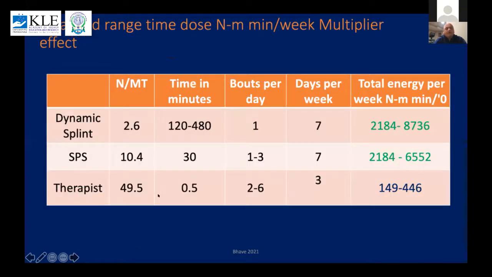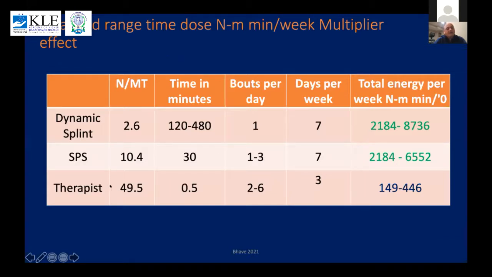And why do I believe in splinting so much? If you look at the amount of force applied with a static progressive splint, it's only 10 Newton meters of force, while a therapist puts about 50 Newton meters of force. But if you look at it from a multiplier effect standpoint, in the right-hand column, the total energy given to the joint is far greater with a static progressive splint because you're using it for about 2 to 3 hours per day.